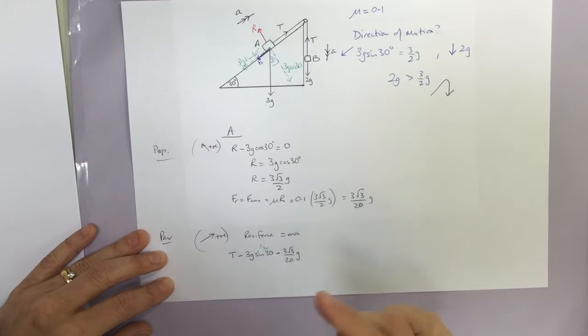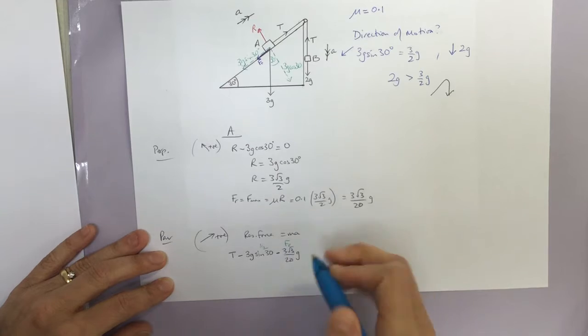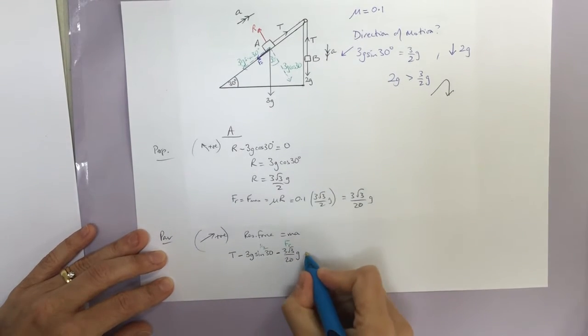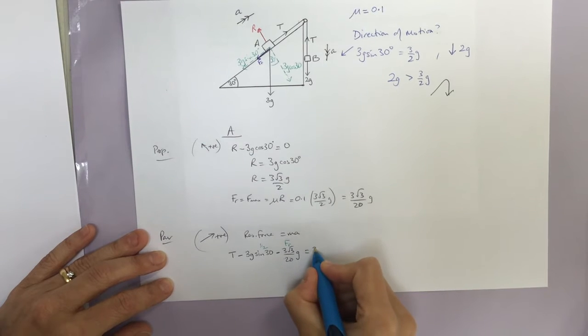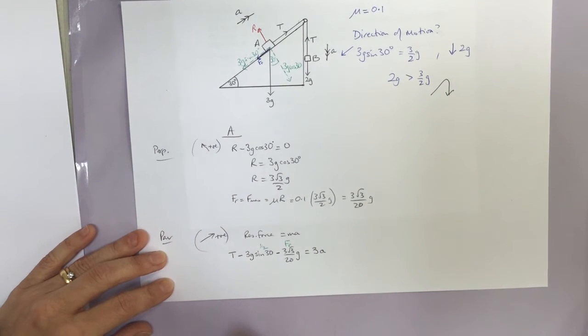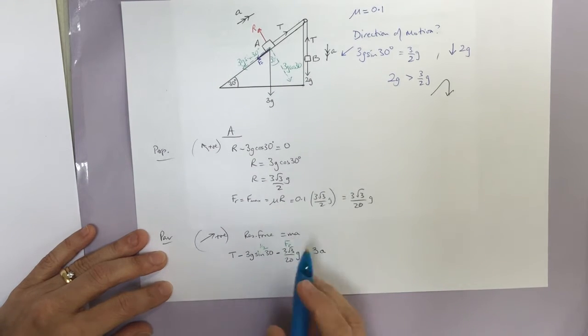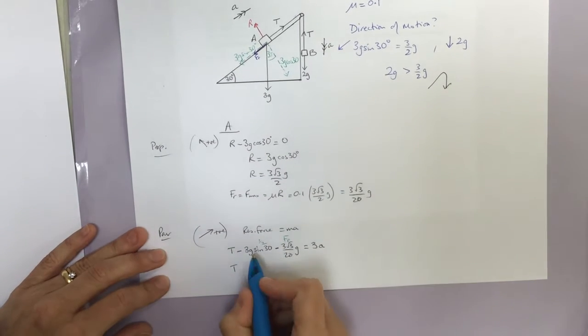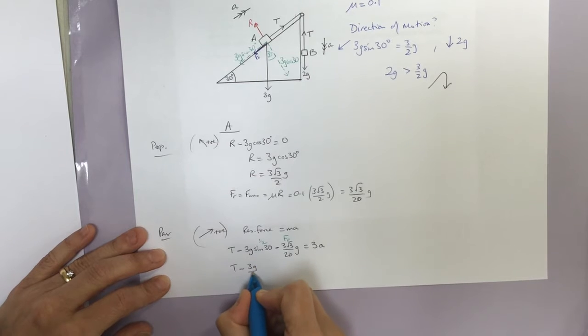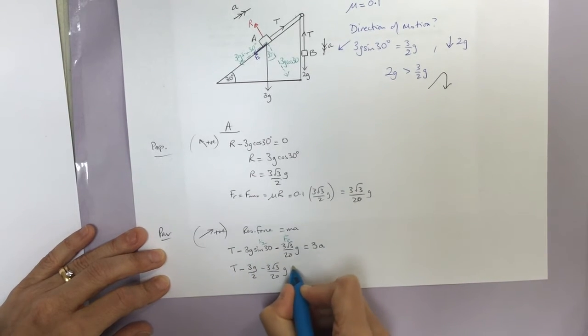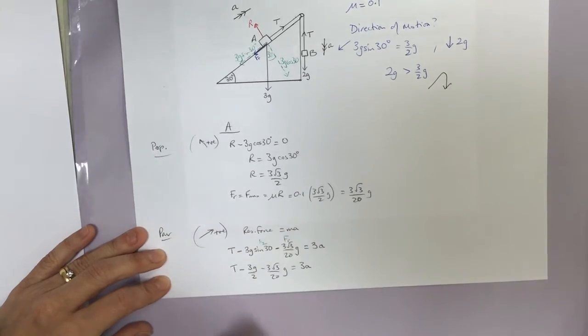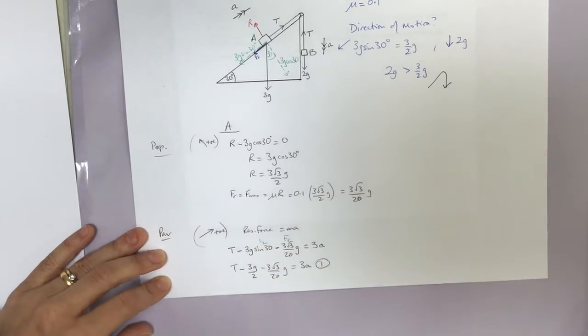That's my friction being subtracted there. And all of that is equal to mass times acceleration. My mass for this one, A, is 3, so that's 3 lots of a. Okay, so there's my first equation. Let me just put this in as 3g over 2.